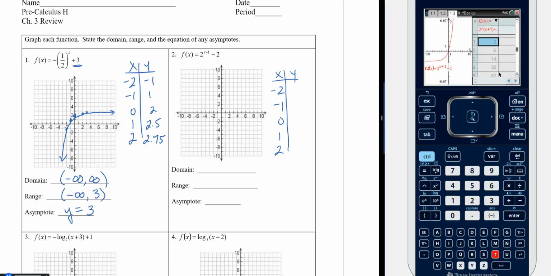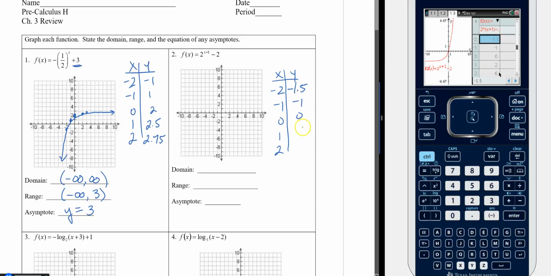I'm going to look at my table. And once again, -2 is -1.5, -1 is -1, 0 is 0, 1 is 2, 2 is 6, and we have a graph that does this.